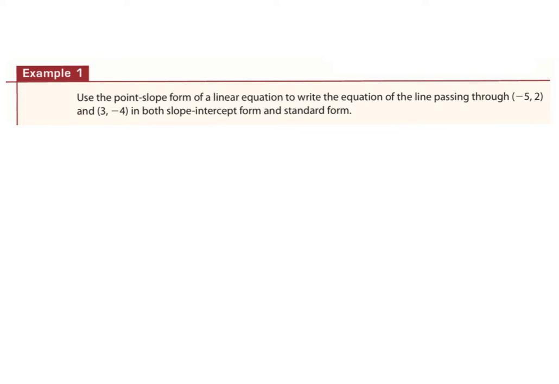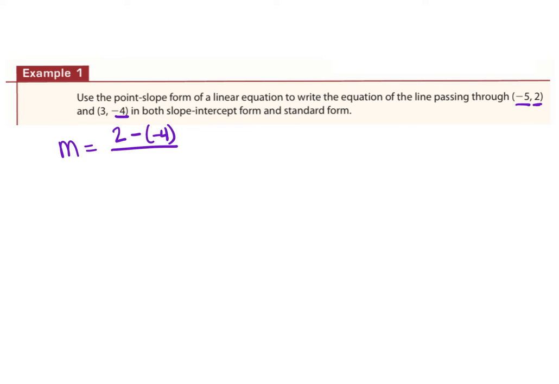So we're going to find the slope with our slope formula. We're going to say y2 minus y1 over x2 minus x1, and we are going to solve for our slope. So our slope is going to be our y's subtracted, so 2 minus negative 4 over our x. Remember, use it the same.